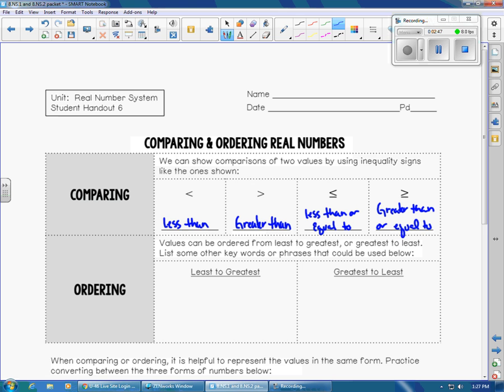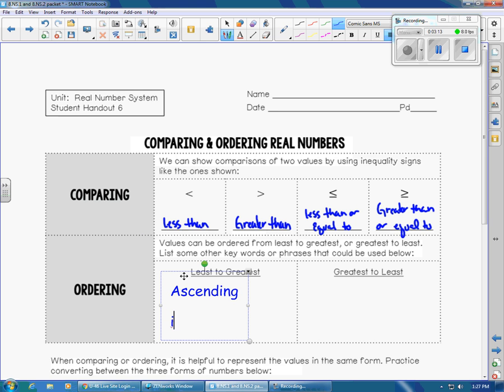Okay, so how do we order things? Values can be ordered from least to greatest or greatest to least. List some other keywords or phrases that could be used below. So when they're describing something from least to greatest, they could say ascending.